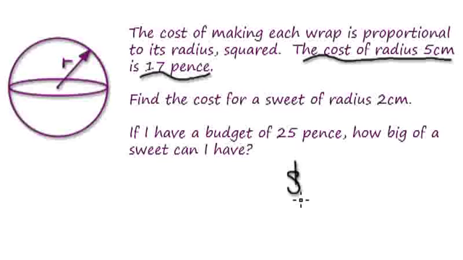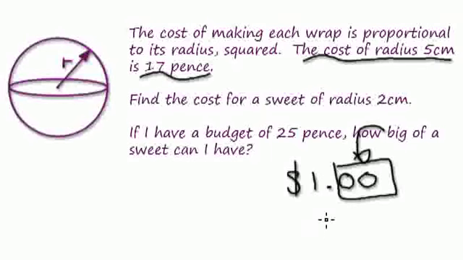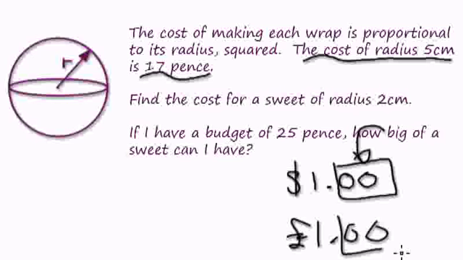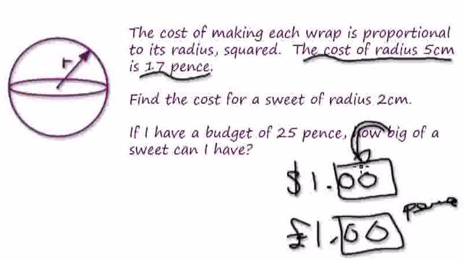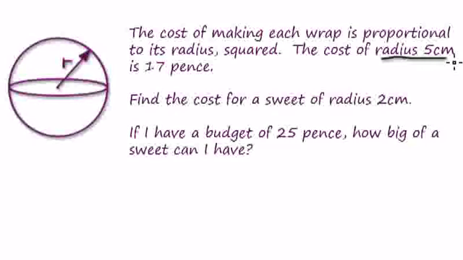Pence is similar to cents: with dollars you've got the cents bit, and with pounds you've got £1 and the pence bit. Anyway, when the radius is 5 centimeters, the cost is 17.